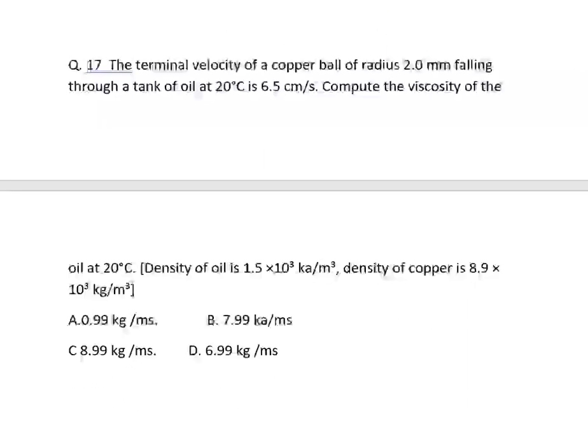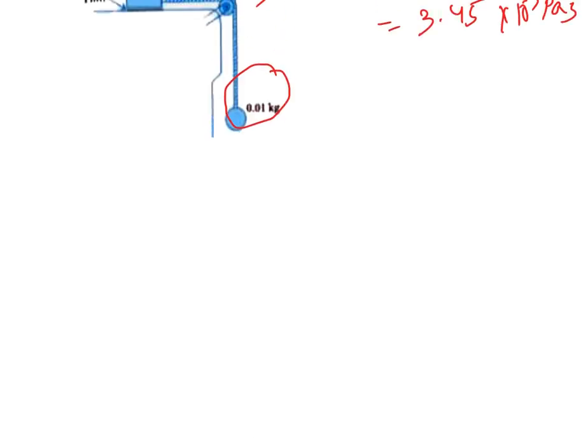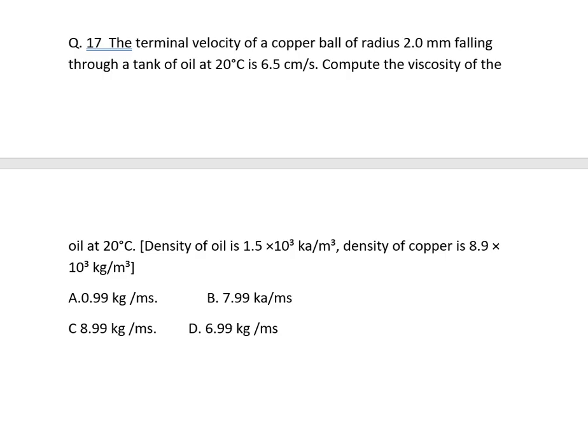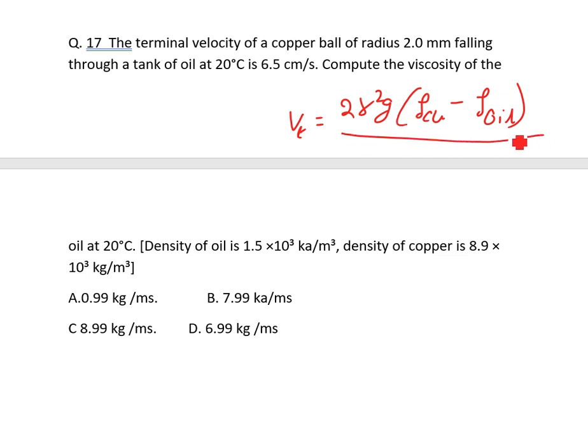Okay, next question, question number 17. It is saying the terminal velocity of a copper ball of radius 2.0 mm falling through a tank of oil. We know the terminal velocity formula: Vt equals 2 r square g into the density of copper minus the density of the oil it is going through, divided by 9 eta.